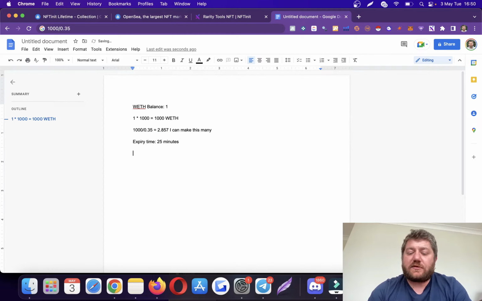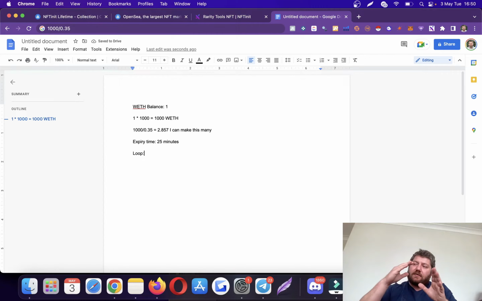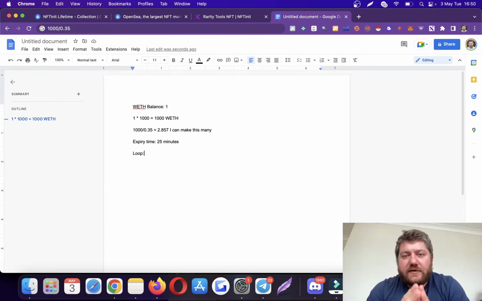So another thing people do is they put a shorter expiry time, however they loop on the collection, meaning that when the bids finish processing, you can do this manually or with the software, they start over and start bidding again. One advantage of doing this is you probably will not be the only one bidding on the collection.